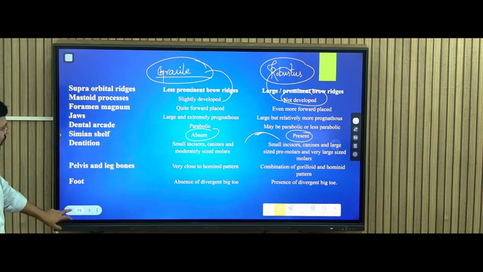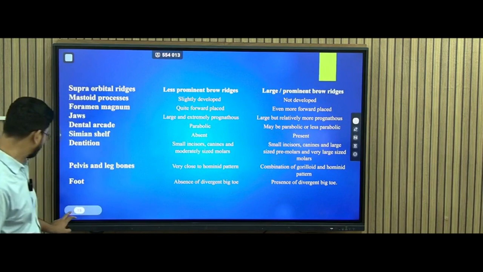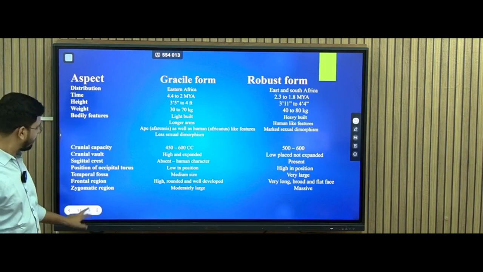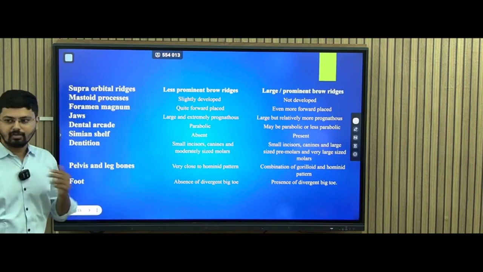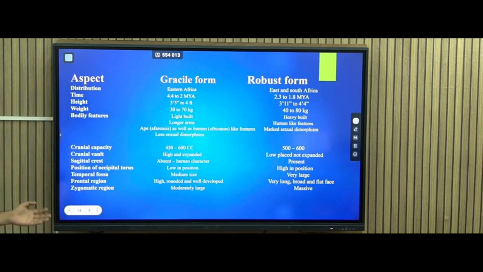Now if you see how many features have you written? 10 points. Here, you have almost 15 to 20 points. Hardly you can write 7 to 8 maximum. So that's why broadly remember what all we have read. How is the forelimb?